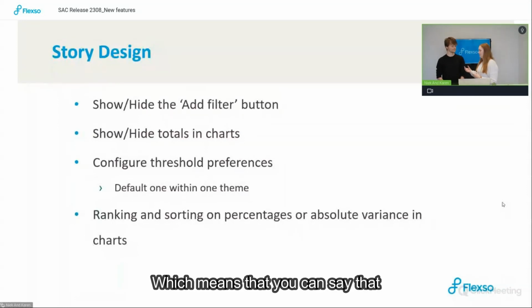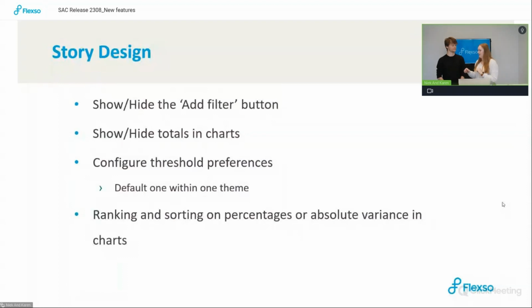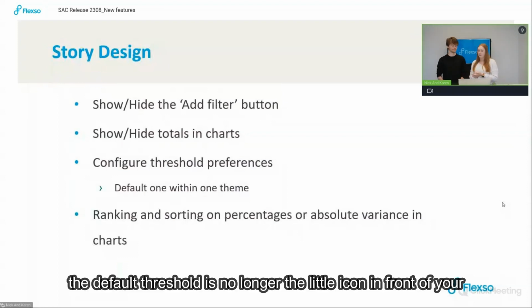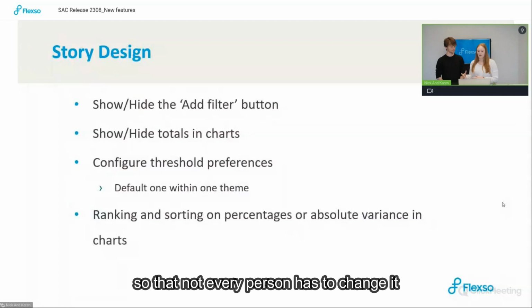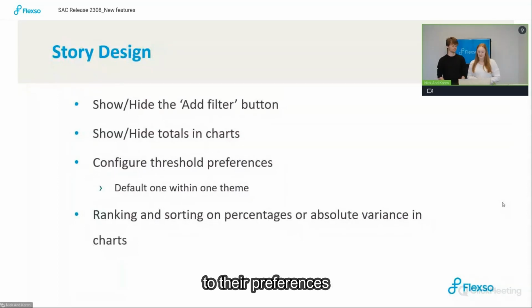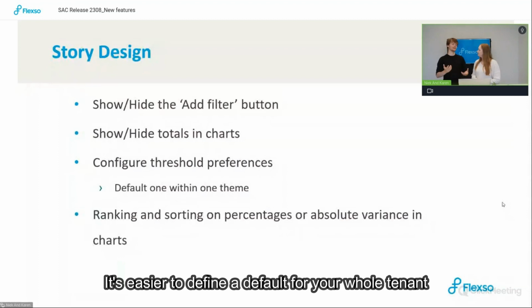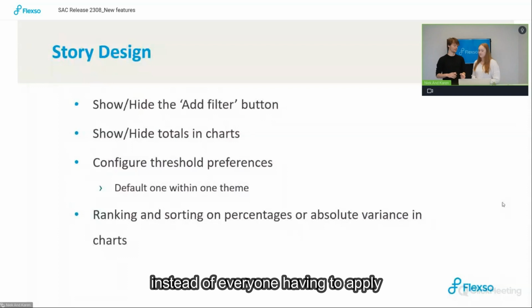So you can say that the default threshold is no longer the little icon in front of your numbers, but is, for example, the background color. In your team, you can configure it so that not every person has to change it to their preferences. It's easier to define a default for your whole tenant so that people can reuse it, instead of everyone having to apply the same theming individually.